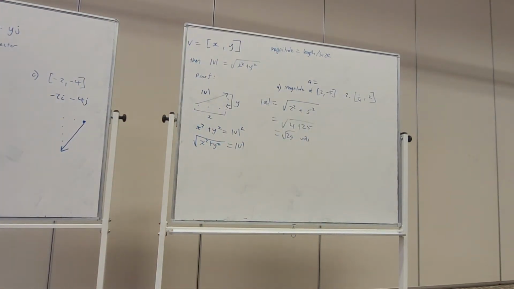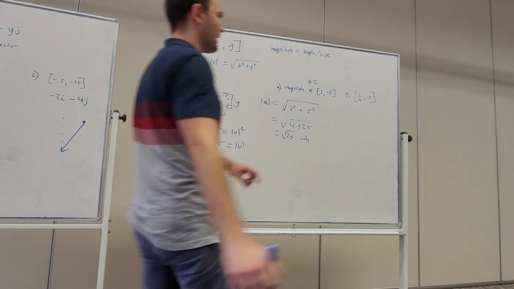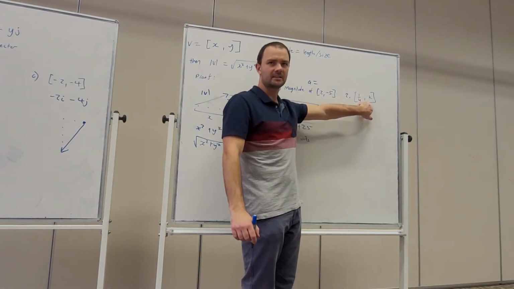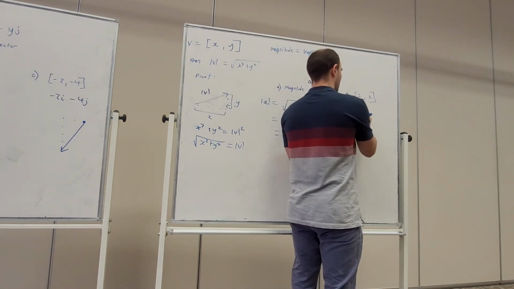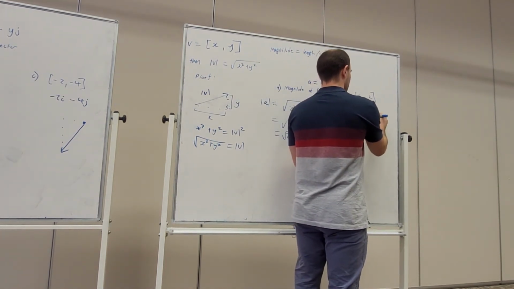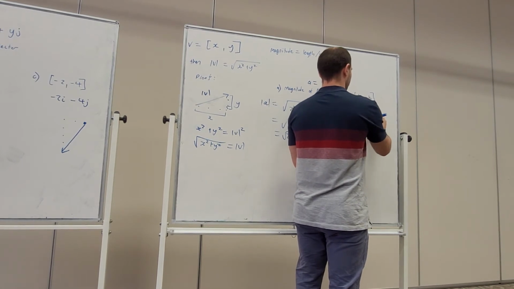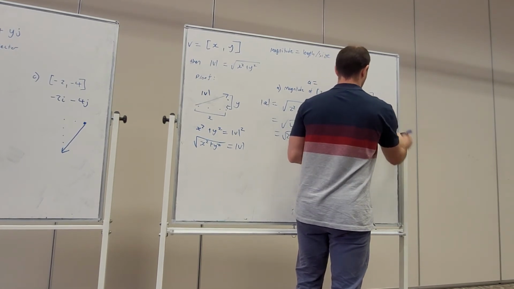In the next one, it says find k given this is a unit vector. We're going to be using unit vectors a fair bit. A unit vector is a vector with a length of 1 unit. So that means the magnitude of this vector equals 1. So we have the square root of (1 on 4) squared plus k squared equals 1.